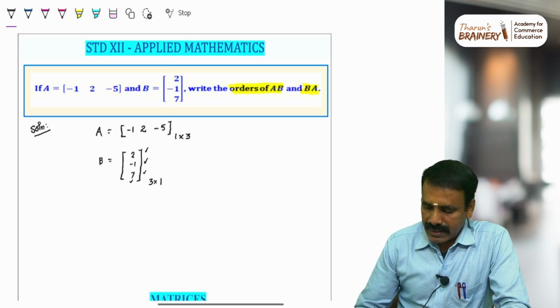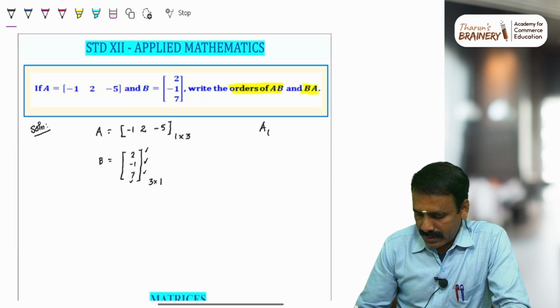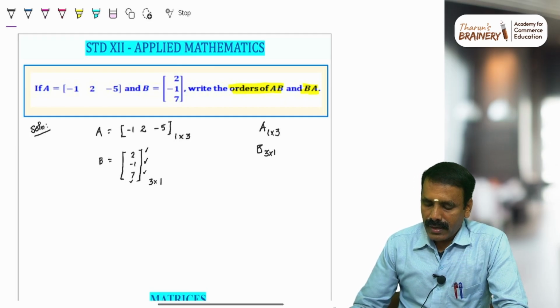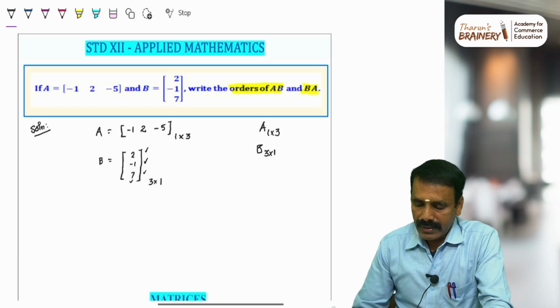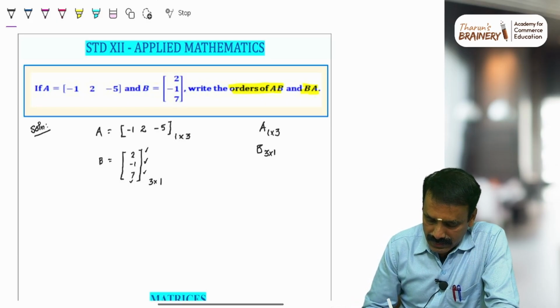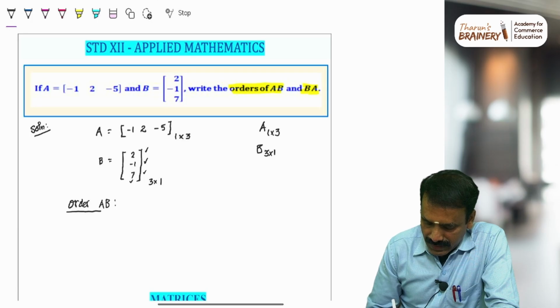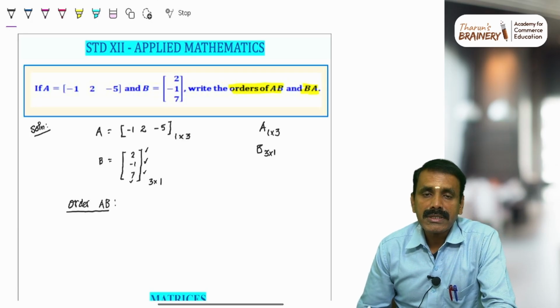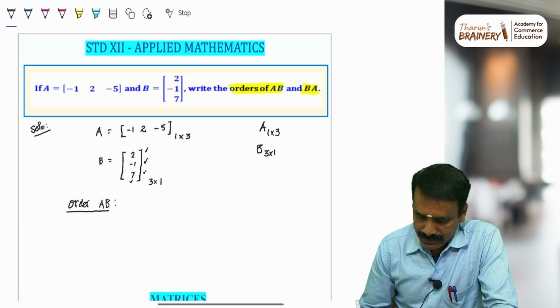So A is a matrix of order 1 by 3 and B is a matrix of order 3 by 1. And I am going to find the order of the resultant matrix of the product AB. Okay. So how to find the order of AB? First we have to check whether the product is permissible or not.